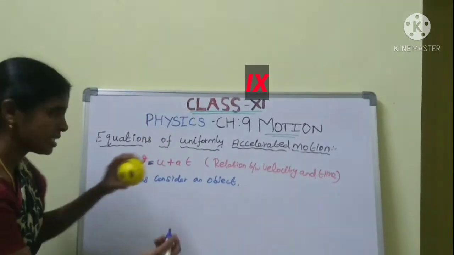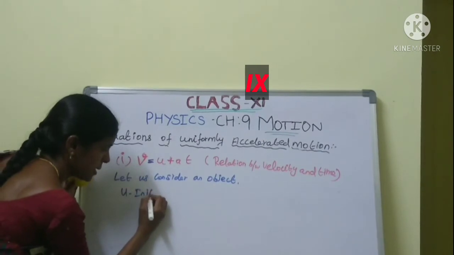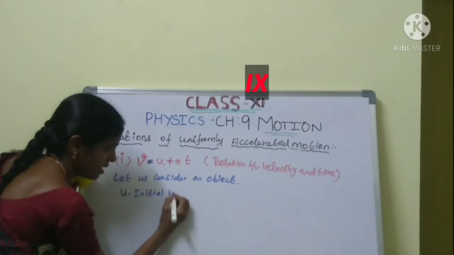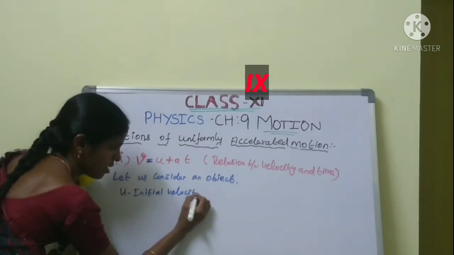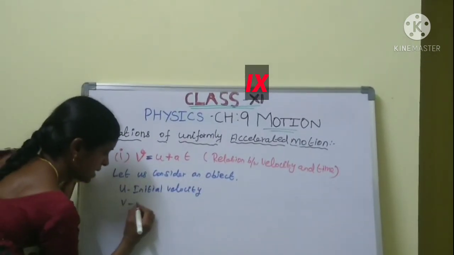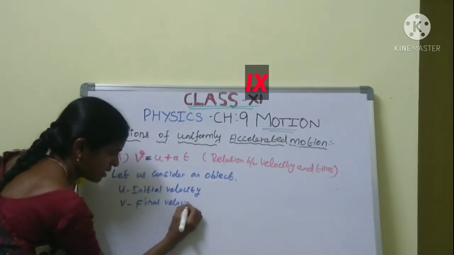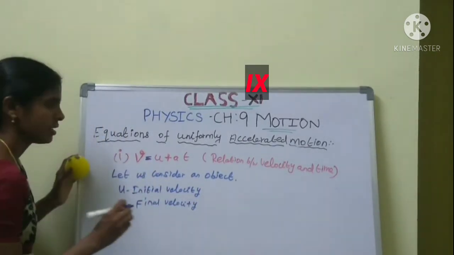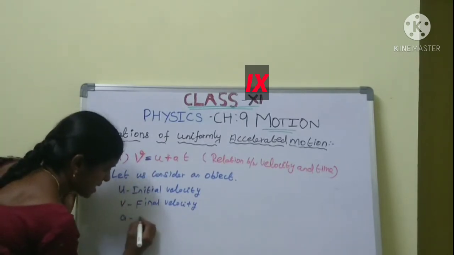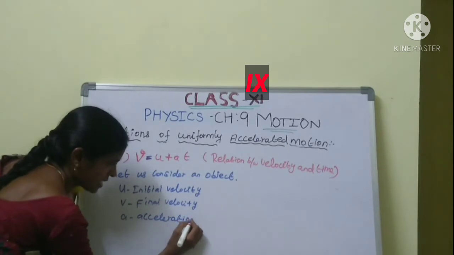What is the initial velocity here? u is the initial velocity of the object. v is the final velocity of the object. Next, a is the acceleration.